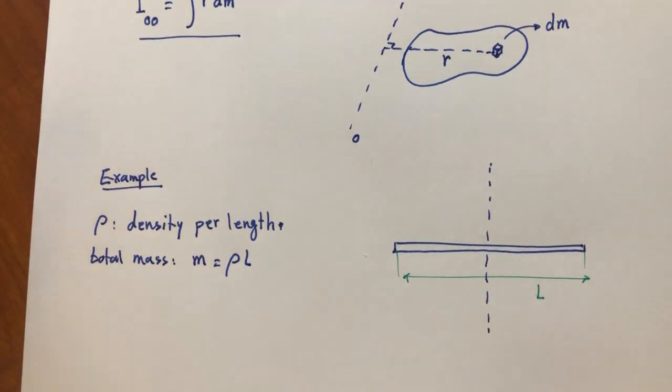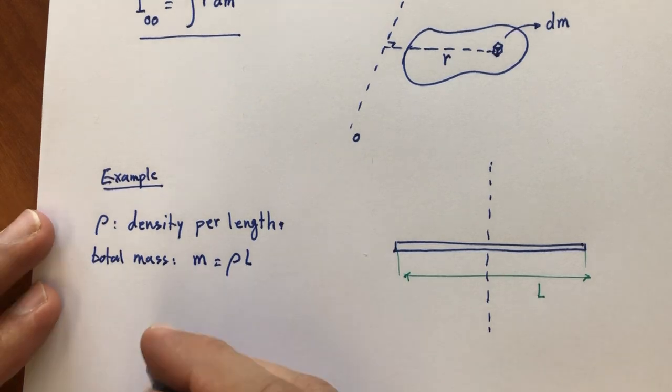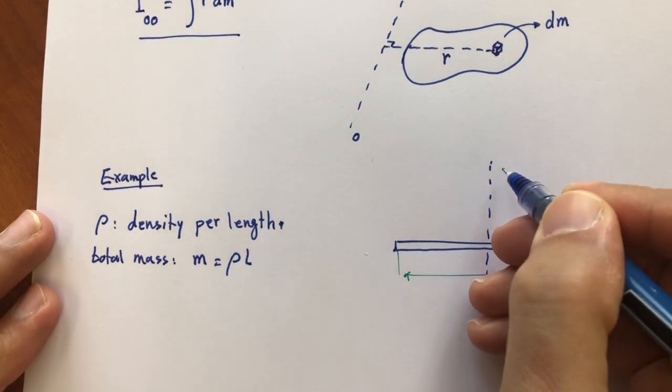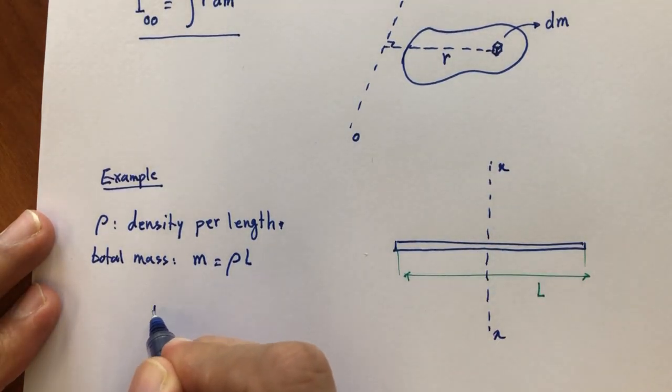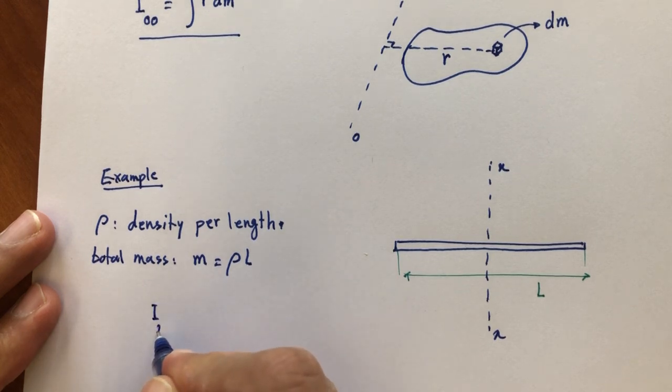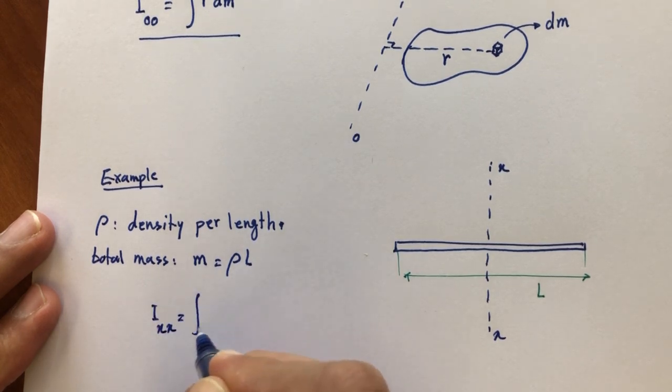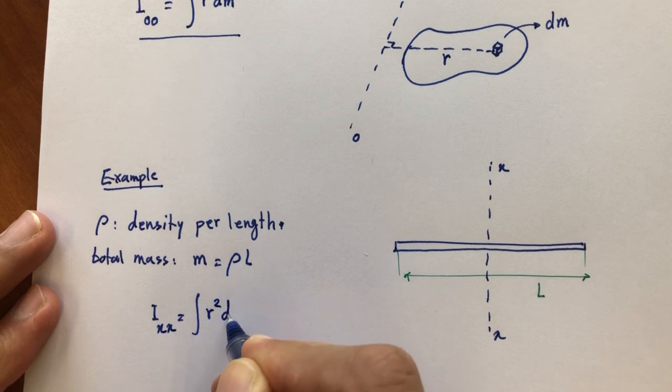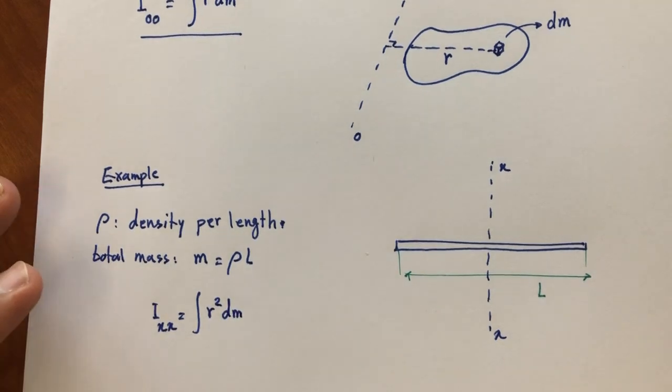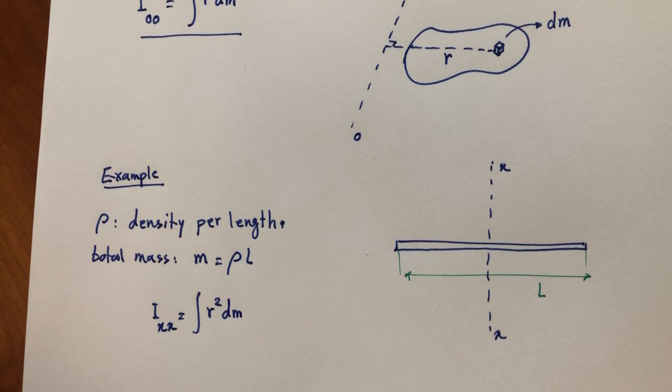So I want to find I. Let's call this axis XX. I'm going to start with the definition of the mass moment of inertia. Ixx is equal to the integral of r squared dm. So we need to multiply each tiny piece of this material, the mass of it, by the distance squared from the x-axis.